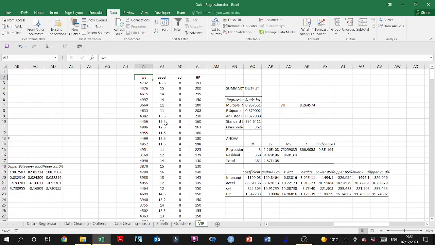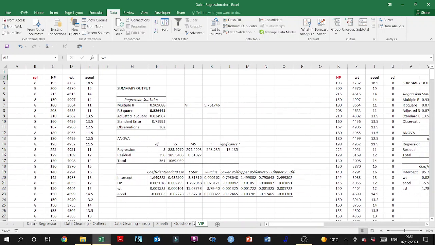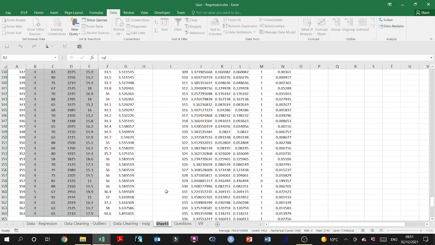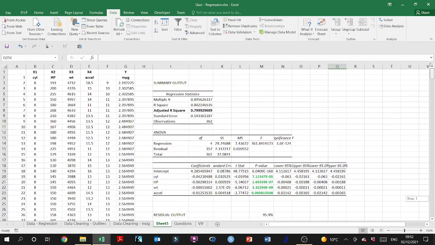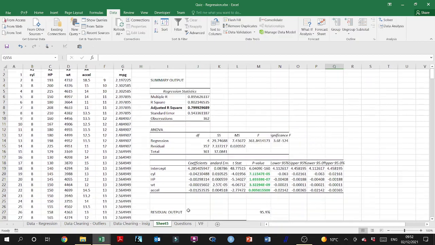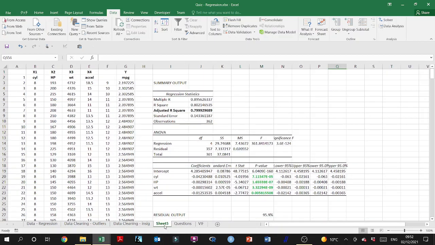So let's start with the data set again. This is where we ended. Yeah, here's the output, the last output, right? I usually call the last one output. So over here, I'm going to get rid of WT, because multicollinearity is violated.